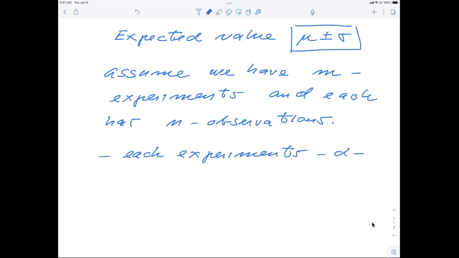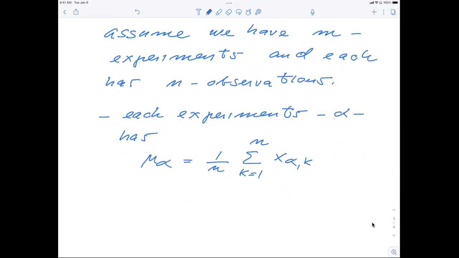So this experiment has a mean value, mu of alpha, which is simply 1 divided by n times a sum over k equal 1 up to n of an observation x alpha of k. So this is experiment alpha. You could think of you running a Monte Carlo calculation on one specific core, and that would be core alpha. And you run this n times.